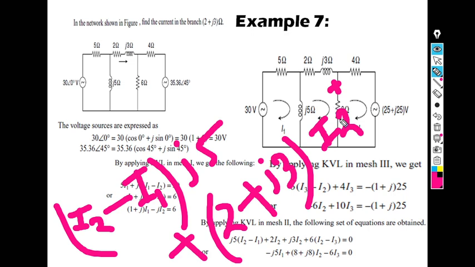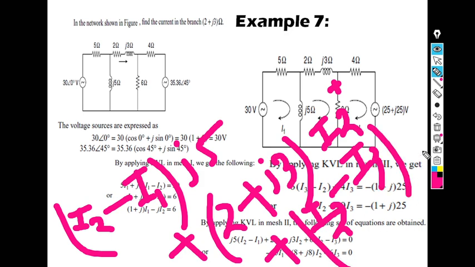I2 is going through the 6 ohm resistance, so I2 minus I3, that is 6, is equal to 0.